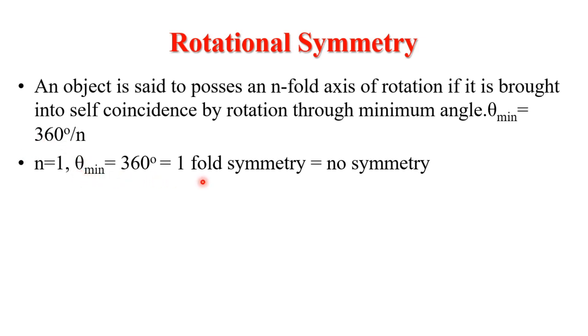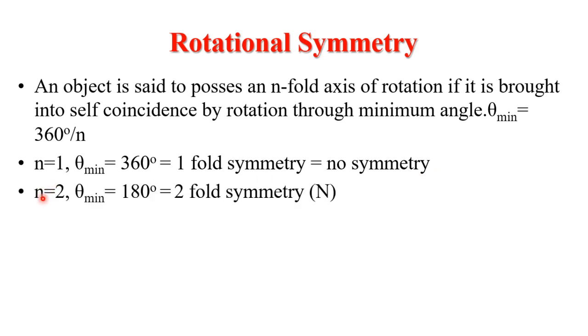Any object, having a regular or irregular shape, will always come into self-coincidence if it is rotated by 360 degrees. We can call this one-fold symmetry or no symmetry. When we take n equal to 2, then theta min will be 180 degrees. So the object will have two-fold symmetry or a two-fold rotation axis.